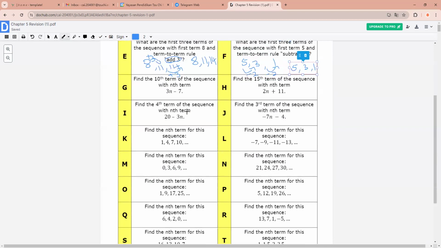Next one, find the 10th term in the sequence with the nth term. So this is the nth term, and we have to find the 10th term of the sequence. To find the 10th term, we have to substitute n with 10.